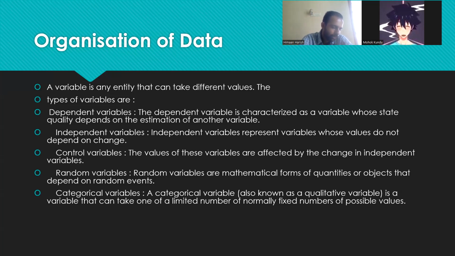Can the outcome of a coin toss be an example? How can a coin toss be a random event? Because the outcome is random. It can be either heads or tails.